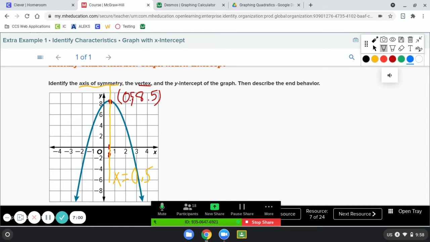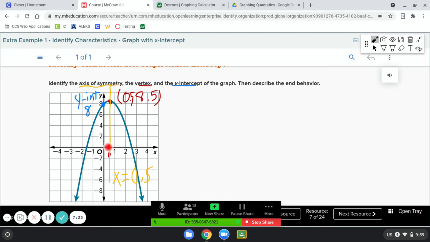And then the y-intercept is where the parabola crosses the y-axis. So my y-intercept is 8. And then describing the end behavior, as I move towards the positive numbers, the y values come down, so the graph is coming down as I move to the right.